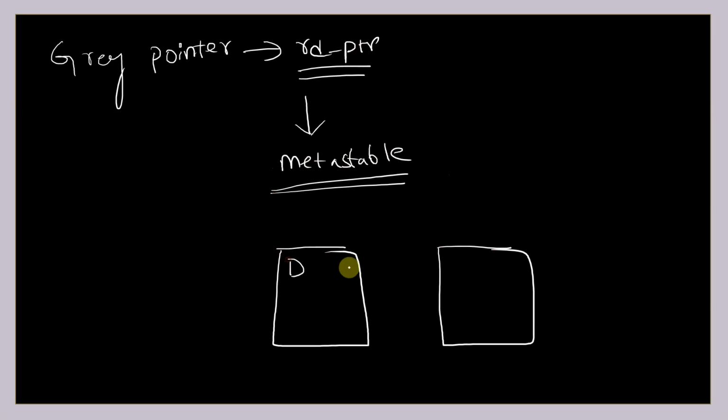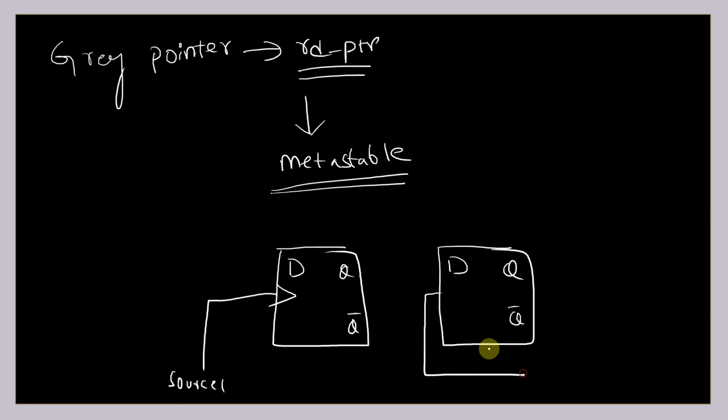In this 2D flip-flop synchronizer, the first flip-flop is connected with the source clock 1 and the second flip-flop is connected with source clock 2, that is the receiver's clock.